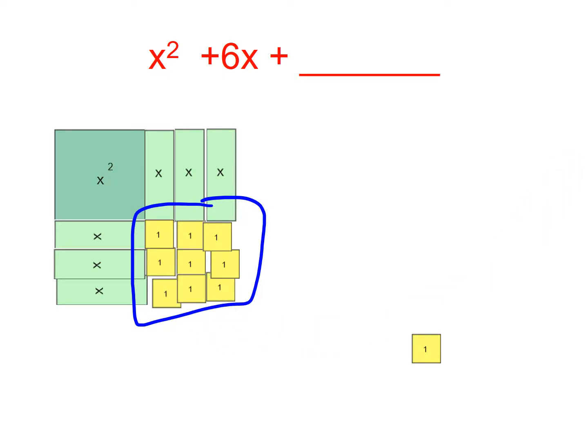So my C is all these little yellow tiles, the total that we have, which is 9. So in order to complete my expression, or to complete the square, if you will, I need to fill in where C would be with a 9, because we had 9 square unit yellow tiles.